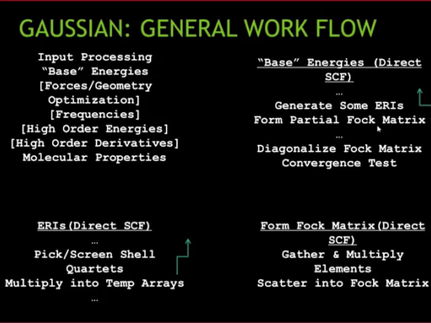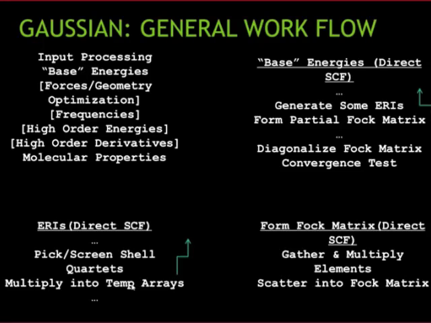The forming of the Fock matrix is done by, in a recurrent way, calculating the electron repulsion integrals that are seen here on the bottom left. This is done by picking and screening quartets of shells and then putting the data into a temporary array.